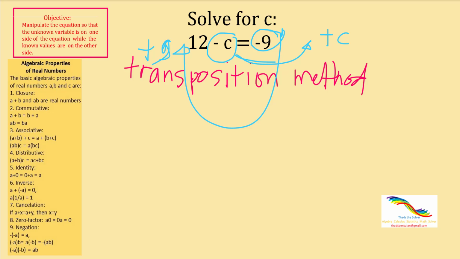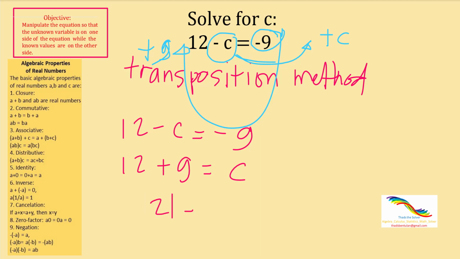Again, in the transposition, the inverse operation is being applied to the number once you cross the equation sign, the left hand side and the right hand side. So in this case here, 12 minus c equals negative 9. We transpose, so 12 plus 9 equals c, because we transpose the 9 and we transpose the c. So in this case, 21 equals c, and that is our answer.